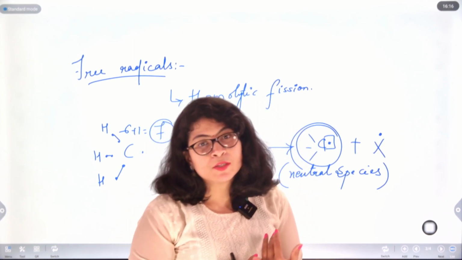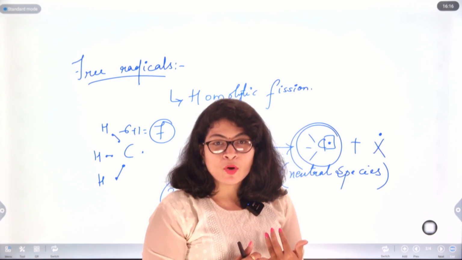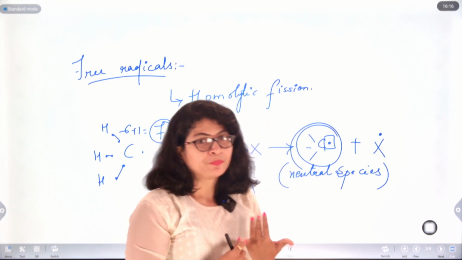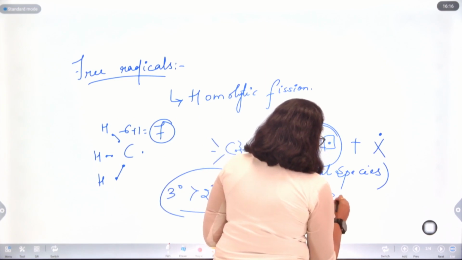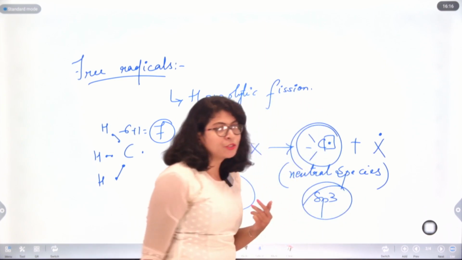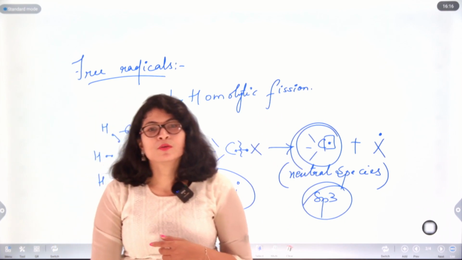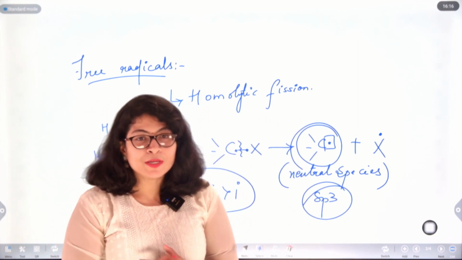So hybridization is still sp3, and the shape is tetrahedral. So this was all about free radical.